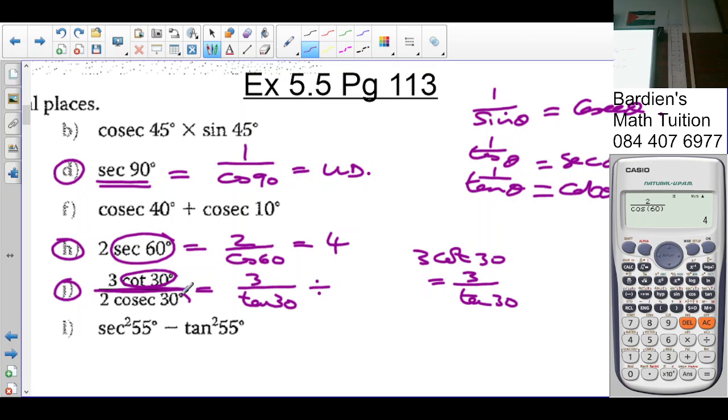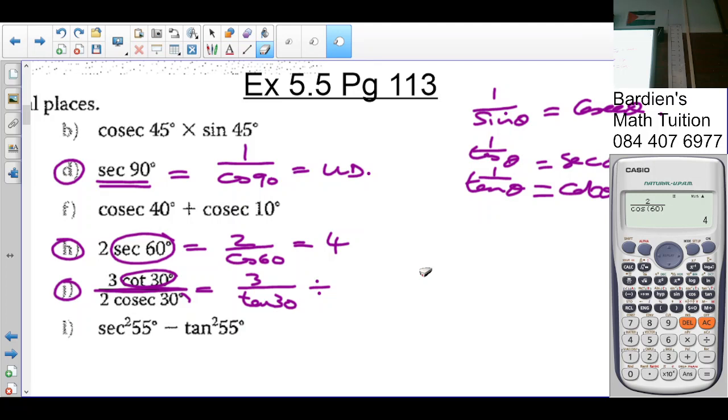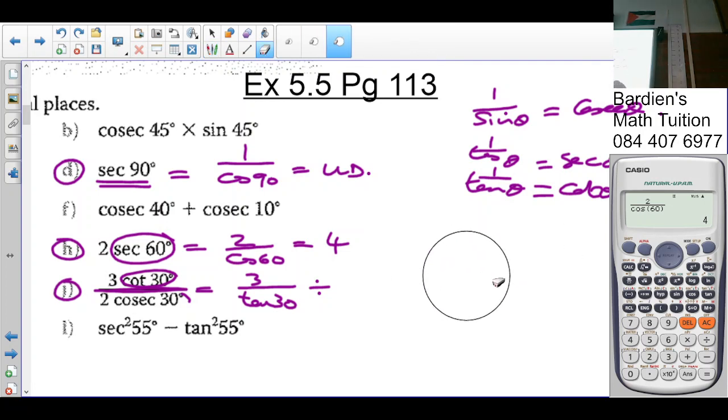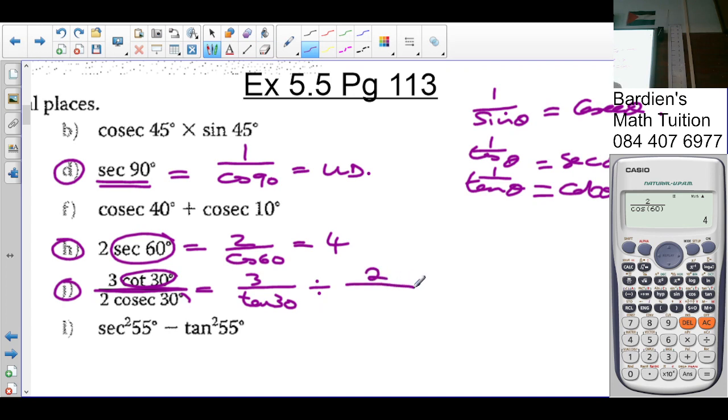So we're going to look at 2 cosec theta. That would be 2 over sine theta. So that would be 3 over tan 30 divided by 2 over sine 30.